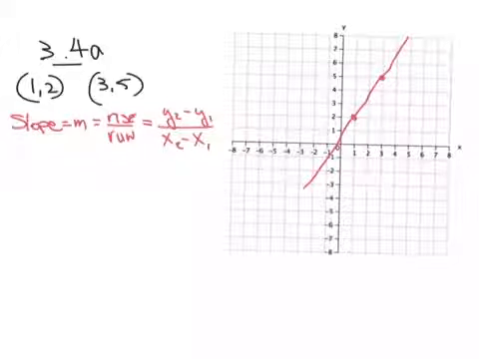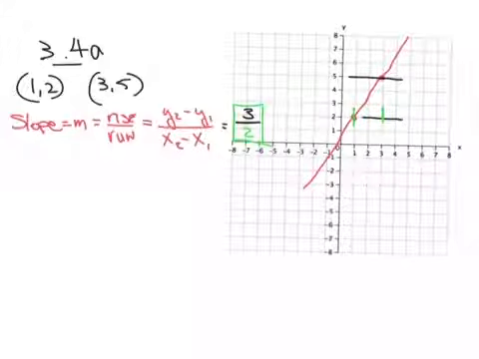Let's look at what we have here. How far is it from here to here? 1, 2, 3. It's 3. So the distance of my y is 3. That's my rise. And my run is the distance between here and here, which is 2. So there is my slope, and it's positive.